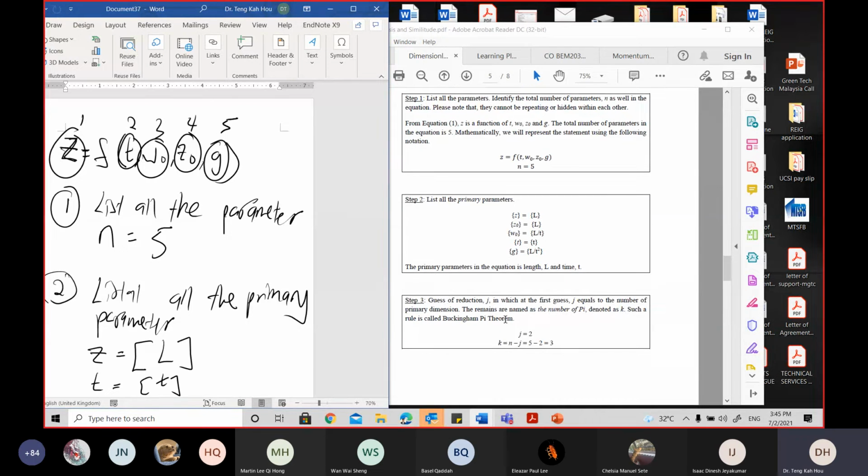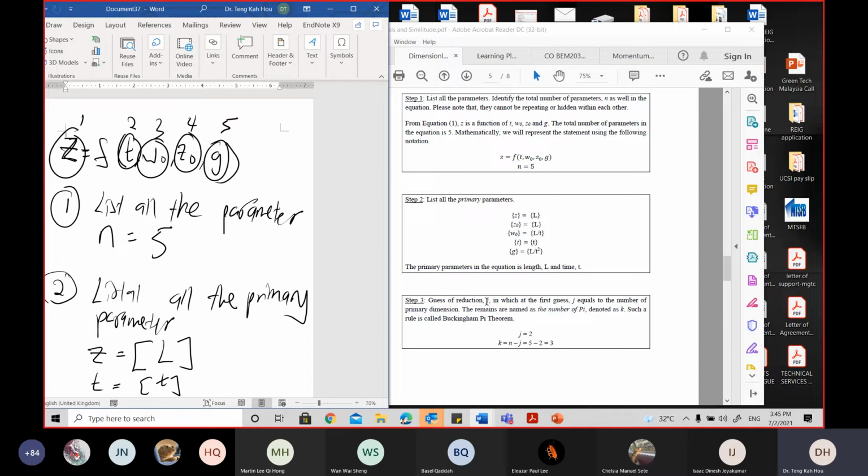So the third step is to guess the reduction. How do we know my guess of reduction? You can refer back to your primary parameters. In this case, you have 2 different main parameters.